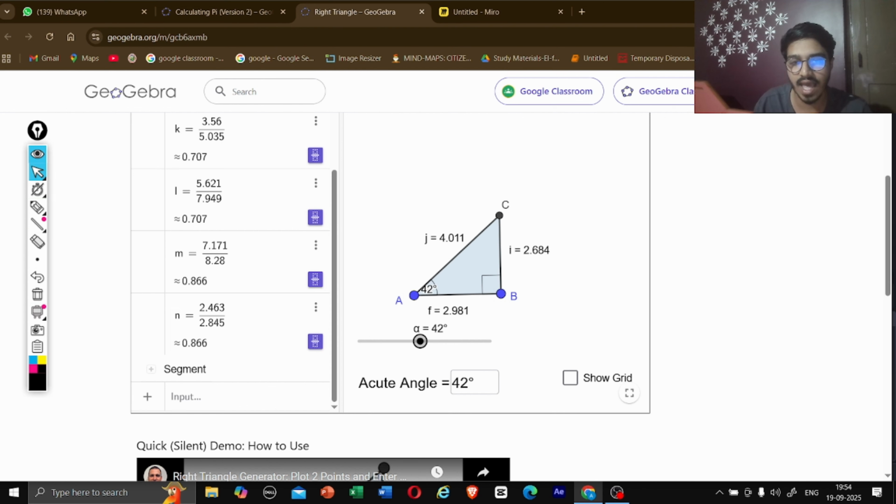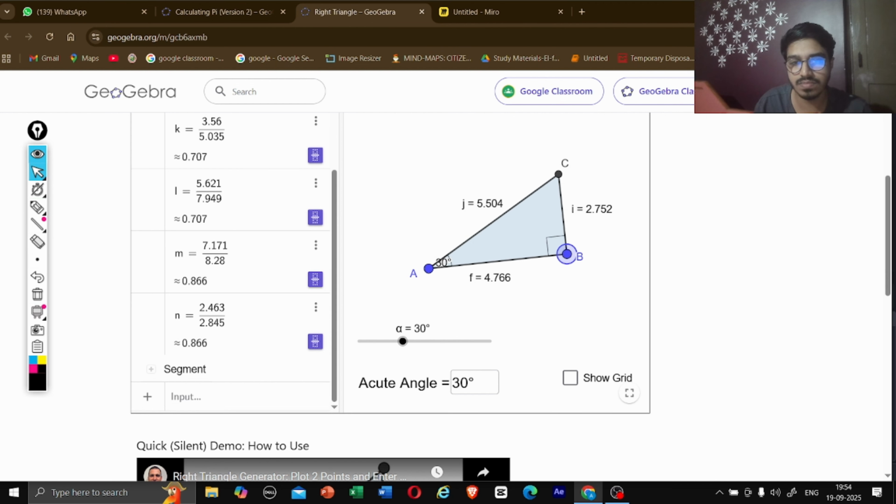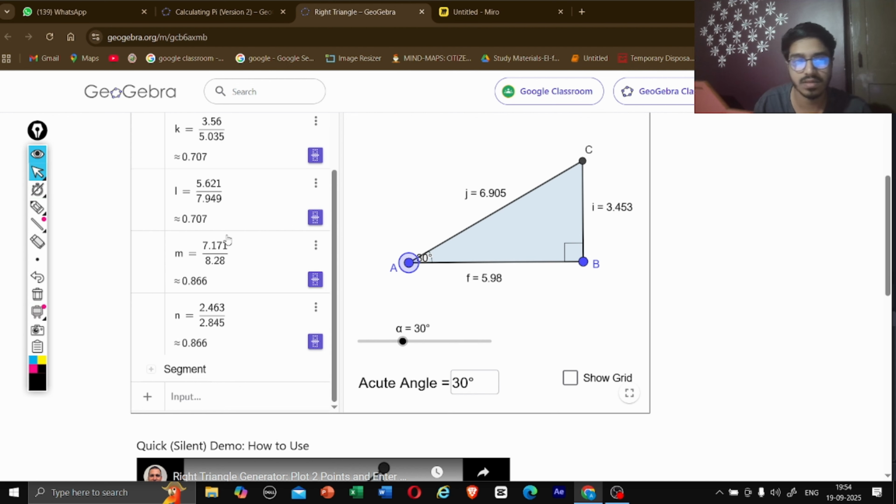Let us take the angle as 30 degrees. That time I took opposite by hypotenuse. Now I am taking adjacent by hypotenuse. So the value of F, that is adjacent, 0.98, divided by 6.905.